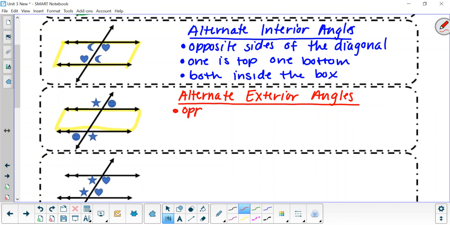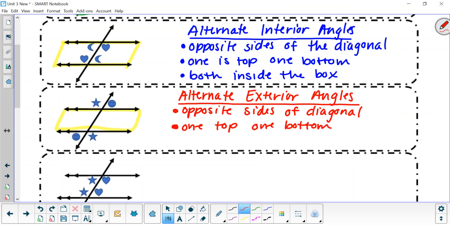So we still want them opposite sides of the diagonal. One is still at the top, one is still at the bottom, but here both are outside the box.